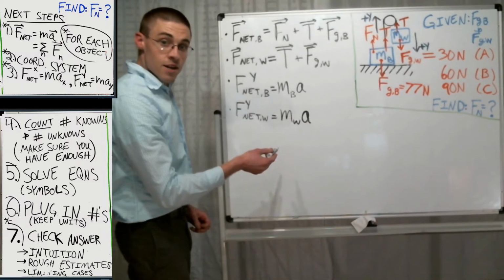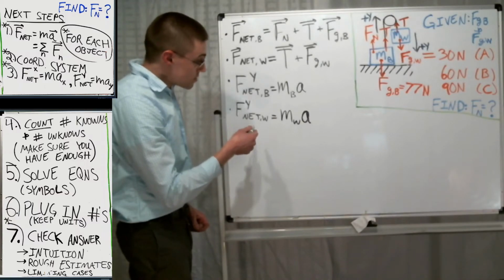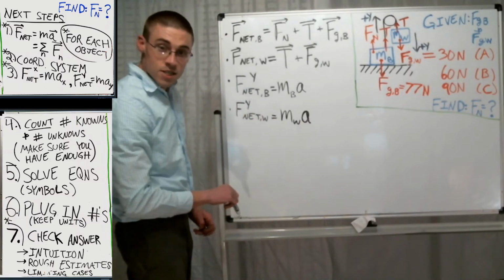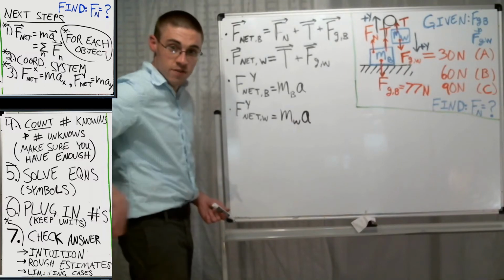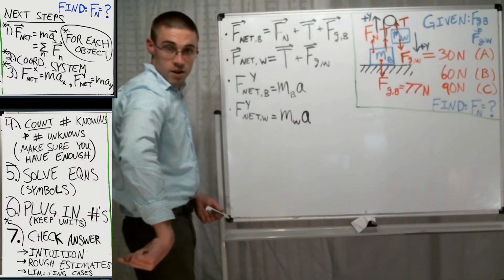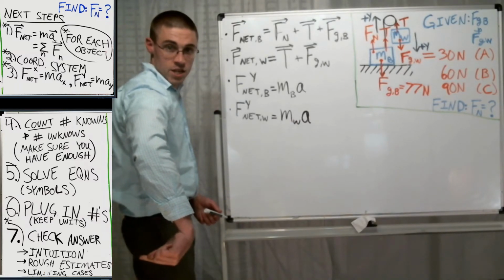Another one of the reasons why I gave you this long list that includes number 7 is this: number 7 is right there on the screen, it says check your answer.